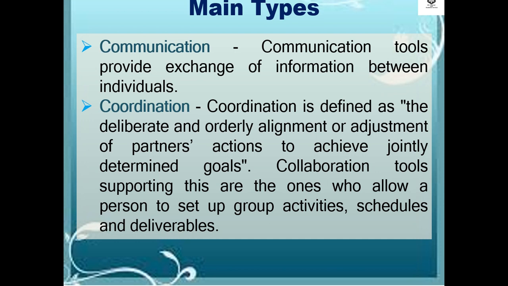Communication tools provide exchange of information between individuals, followed by coordination. Coordination is defined as the deliberate and orderly alignment or adjustment of partners' actions to achieve jointly determined goals.